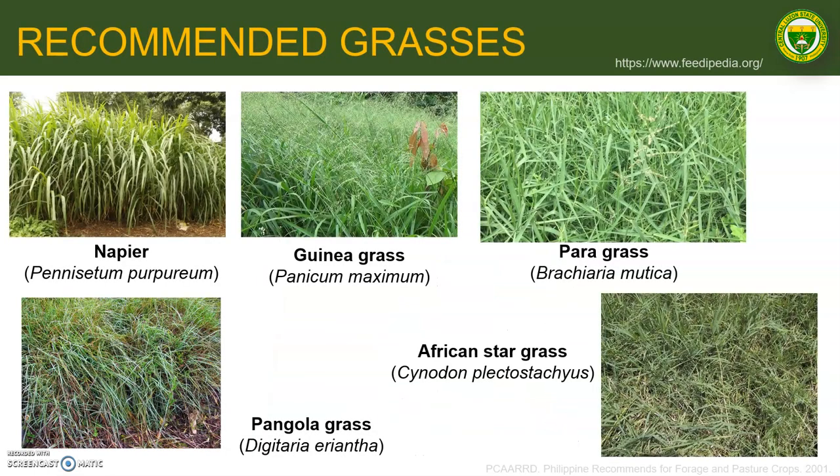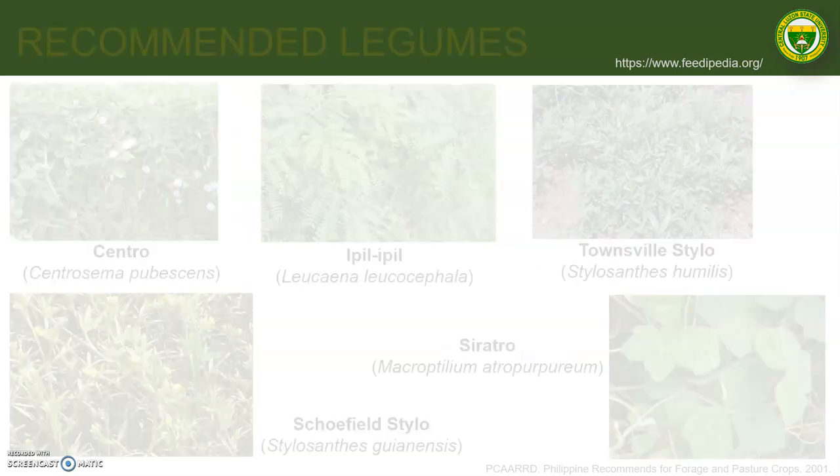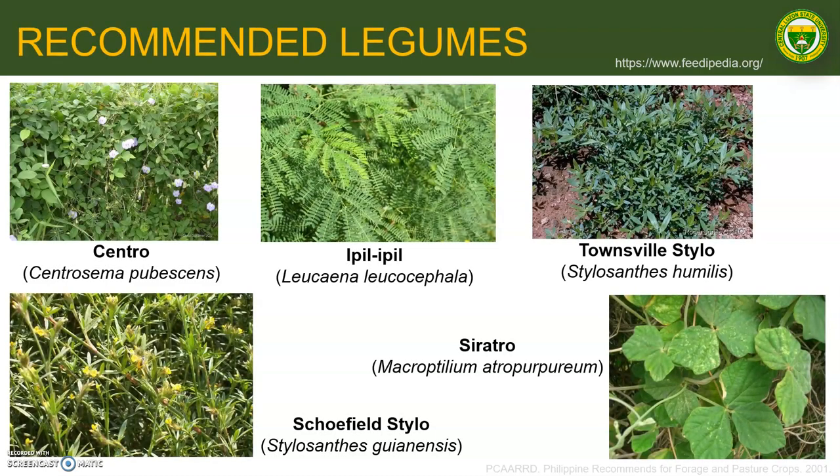For grasses, Napier, Guinea grass, Paragrass, Pangola grass, and African grass are recommended. For the legumes, Centrosema, Ipil-ipil, species of Stylosanthes, and Ceratro are recommended. Same with the grasses, these are just some of the recommendations, and there are more legumes which may be better than those enumerated here.